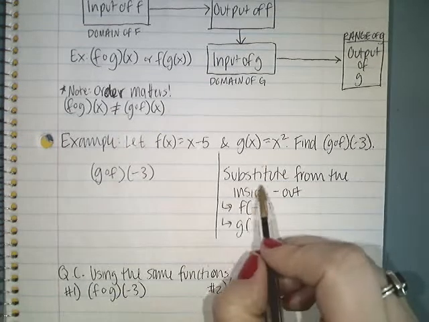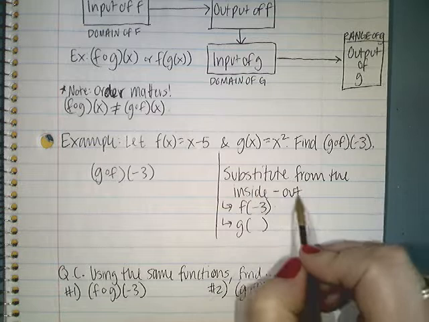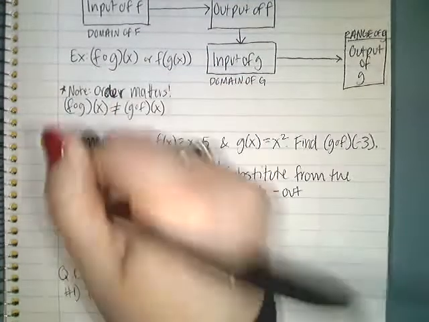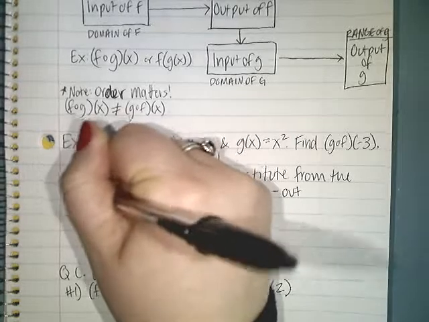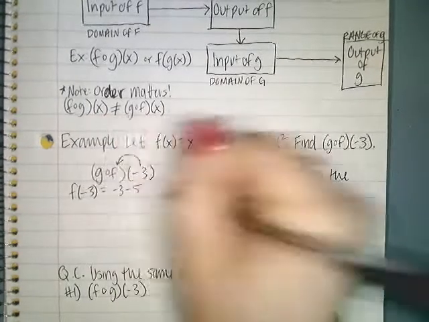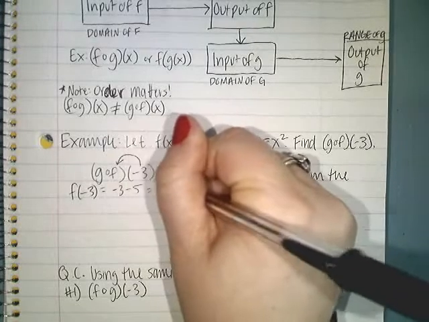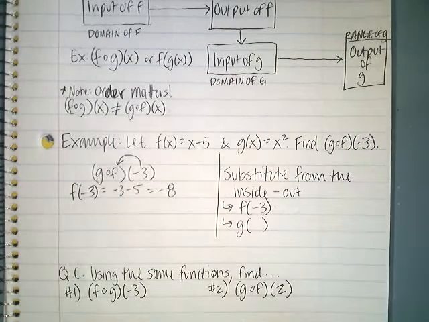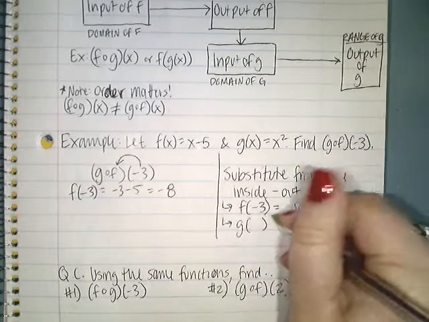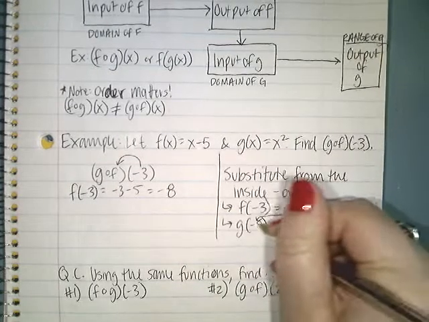All we have to do to solve this is substitute from the inside out. I'm going to plug negative 3 into f. So f of negative 3 is equal to negative 3 minus 5, which is negative 8. I'm writing some steps off to the side. Then I'm going to take the negative 8 and plug it into g.